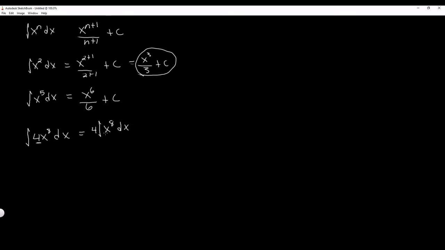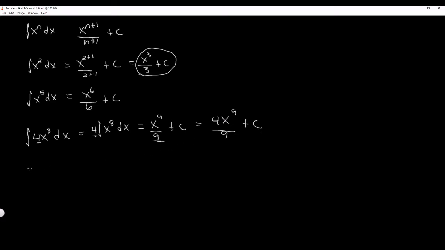And now we're just dealing with x to a power, which we've been doing in the last two problems. So x to the 9th divided by 9 plus c, but we can't forget the constant. So we multiply this by the constant, and that would be equal to 4x to the 9th divided by 9 plus c.